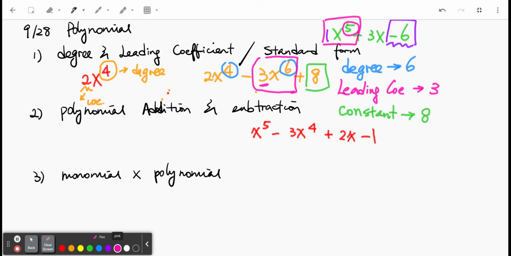We can see the first one is 5, the second one is 4, the third one is 1, and the last one is a constant. That means there's no variable, so the degree is 0. So 5, 4, 1, 0 is actually in descending order. So it is standard form.